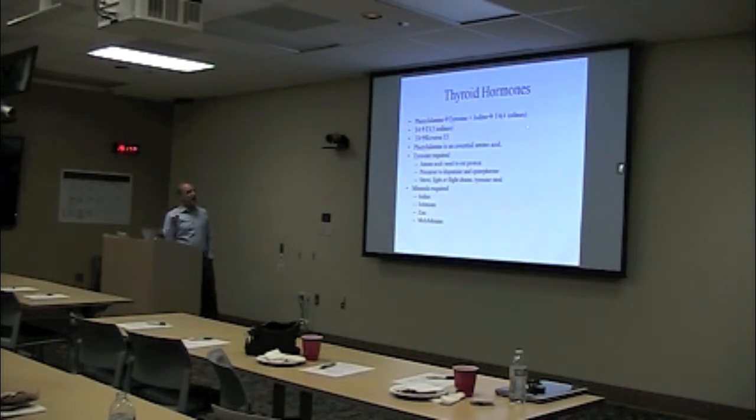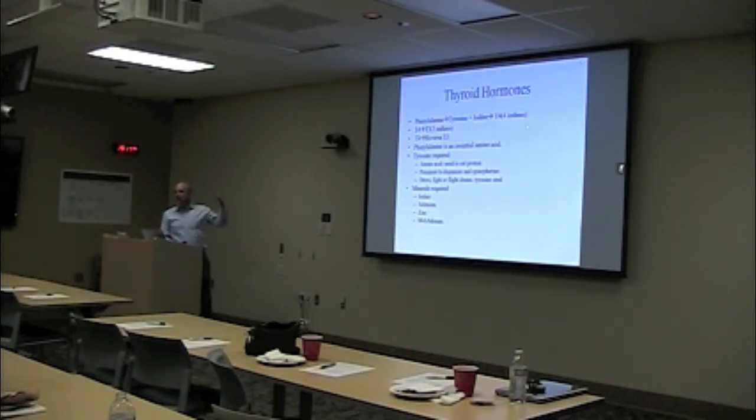Phenylalanine becomes tyrosine, and then the tyrosine is iodinated, and then it becomes T4, which is 4 iodines. That's the T4. Then what happens is the T4 is then deiodinated to T3. So that's a process. Now the T4 is what I call storage hormone, and the T3 is the active hormone.